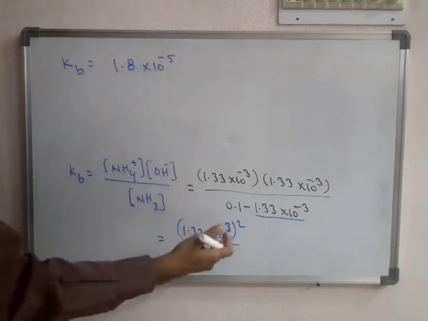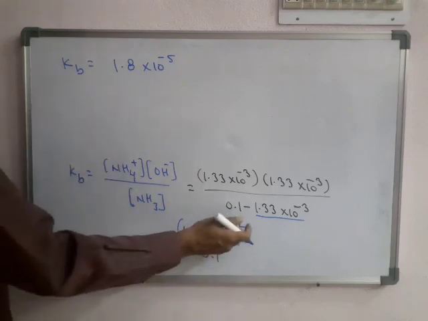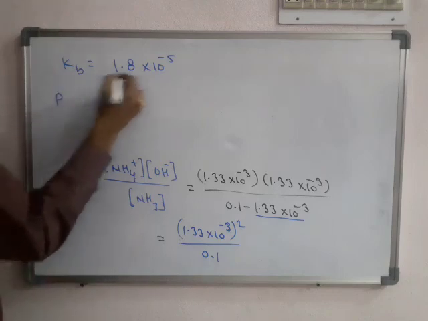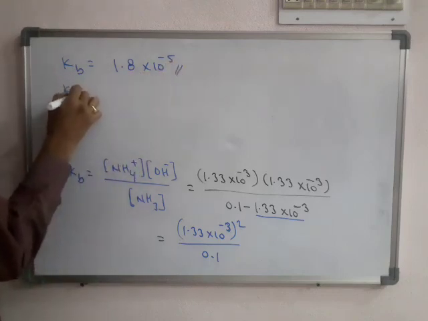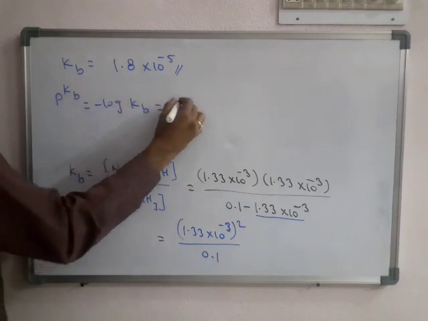Try to calculate it, okay. This is 10 power minus 6, we just have to calculate this one and this one. So Kb is like this. pKb, we know that pKb means minus log Kb.